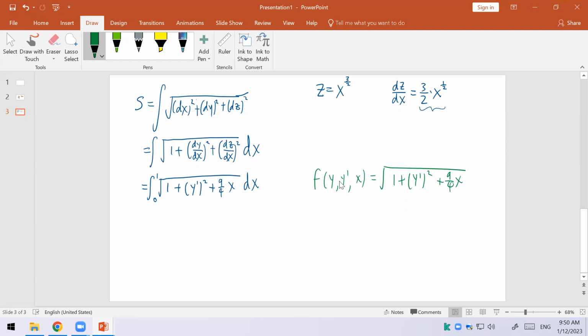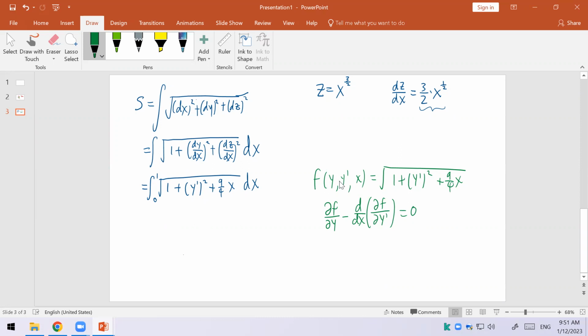Now Euler's equation. Let me recall Euler's equation over here: partial f partial y minus d/dx of partial f partial y prime equals 0. First you can see that partial f partial y is 0. And then partial f partial y prime is taking the derivative of this whole square root thing.